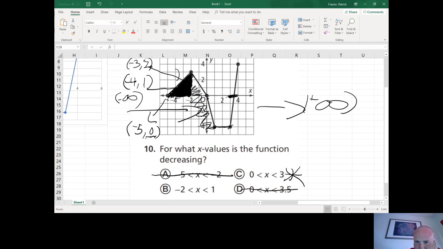It's neither increasing nor decreasing between 1 and 3. So that one never really did deserve a star. This one not only deserves a star, it deserves a check mark. And cross that one out as well. So we're left with B for Bravo, where x is greater than -2 but less than 1. And that's all she wrote.